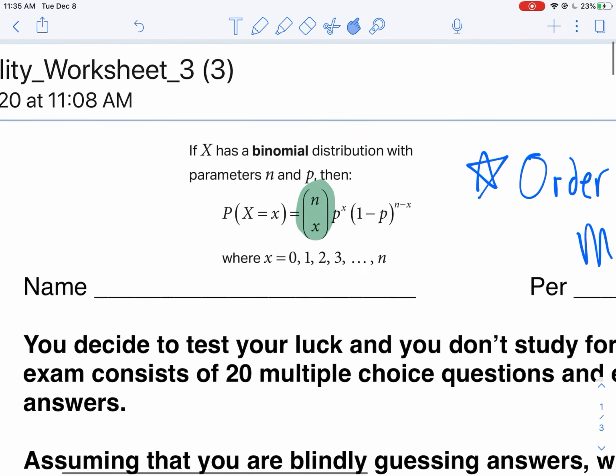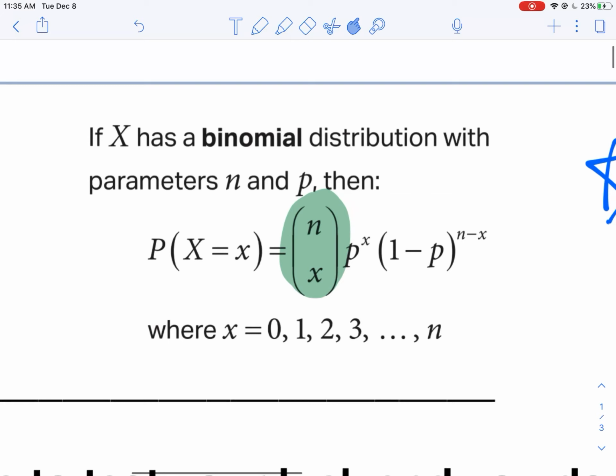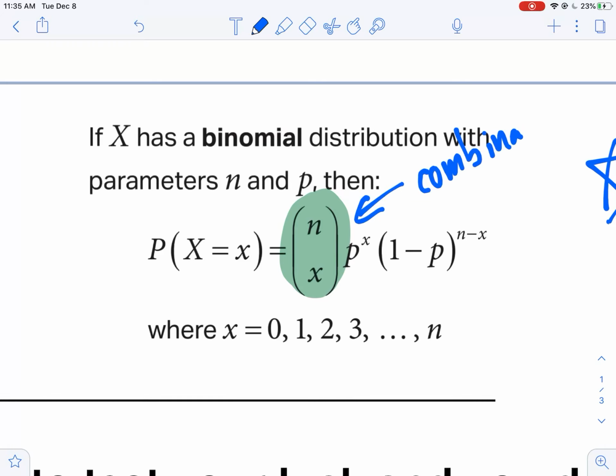I also put up the probability formula here for binomial distributions. You'll notice that I highlighted the first part here. That represents the number of combinations. That's the first thing you're usually figuring out. And then what you're given here is the probability of these events happening.